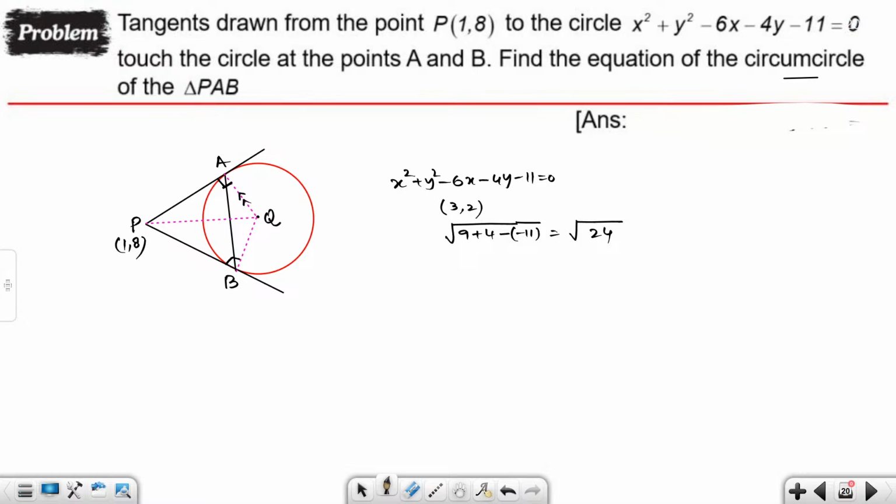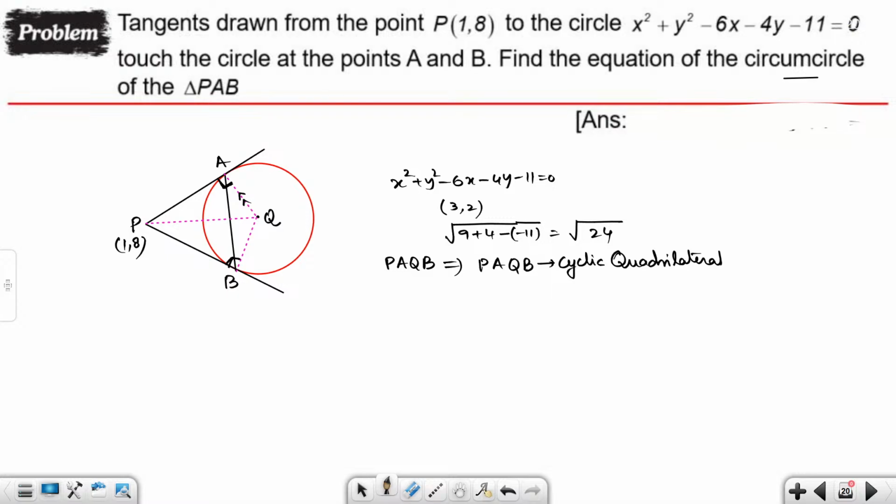Okay. So now, listen carefully. In the quadrilateral PAQB, observe it. This angle plus this angle is 180 degrees, which implies PAQB is a cyclic quadrilateral. This you have all done at class 10 level.